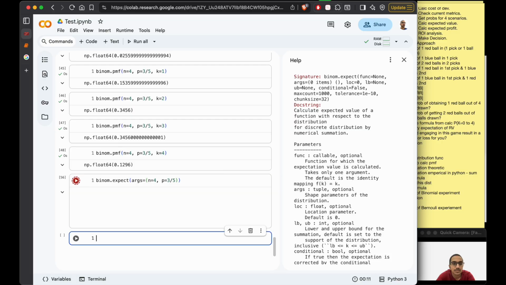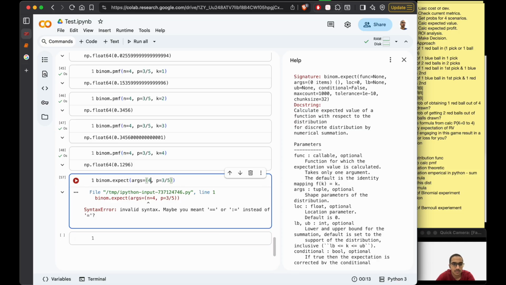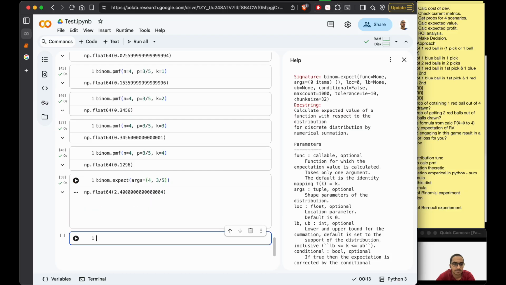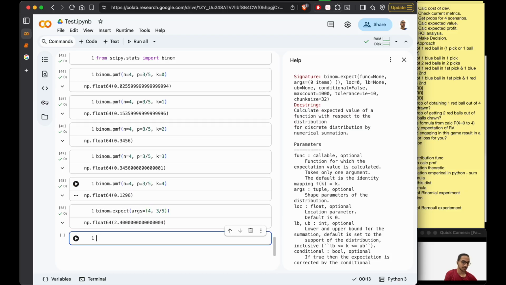N and P. I don't think we should add these. There you go, that is it. So that is how we use the expect method directly. You have to pass N and P.